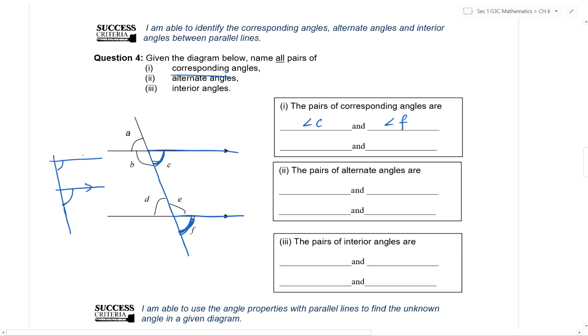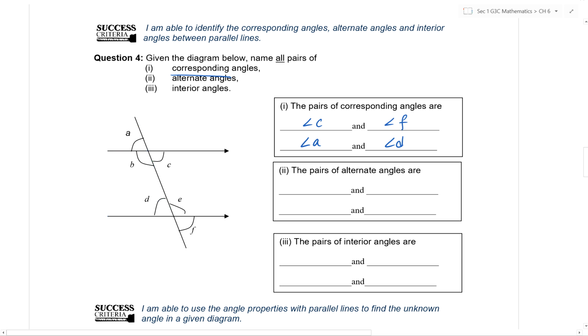As long as we can see this shape, then these two angles are known as corresponding angles. So besides angle C and angle F, we also have angle A corresponding with angle D. In this case, the letter F is shown here. It is an upside down F, with these two angles as the corresponding angles.